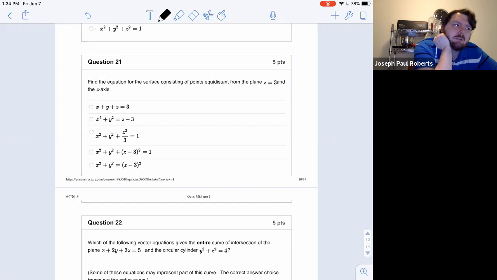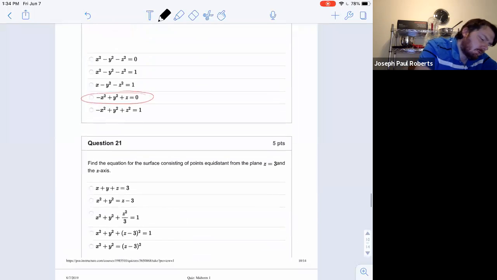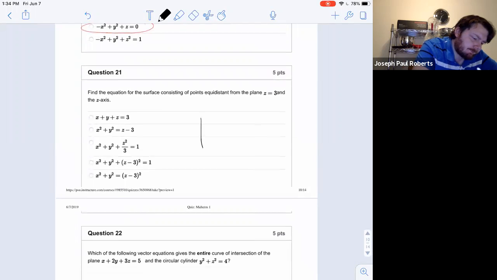If not, it was definitely on the homework, something pretty much exactly like this. And I think I remember going over one of these in recitation for that week. Yeah, so anyway, we have points equidistant from the plane z equals 3 and the z-axis.